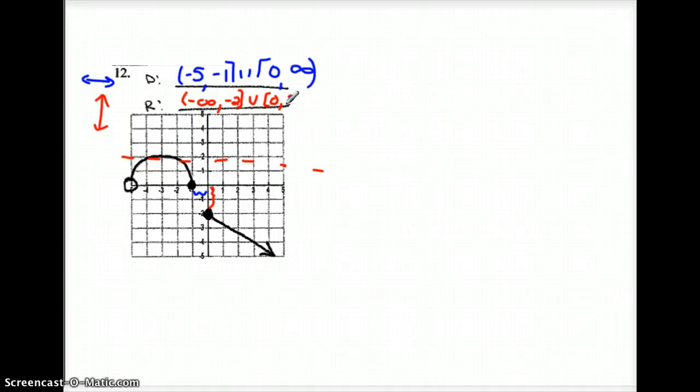So this guy caps off at a 2, and because the graph is on the value of 2, it would be a bracket. Okay, so from -infinity to -2 takes care of this guy, and then the values of y of 0 to 2 take care of this little crescent moon, half circle kind of thing.